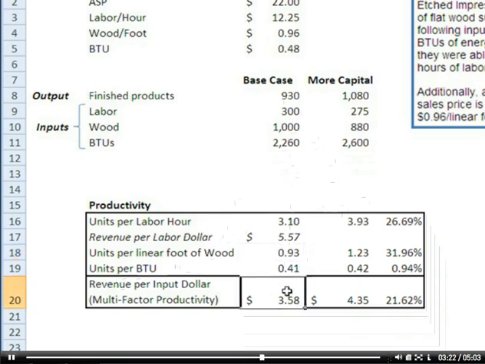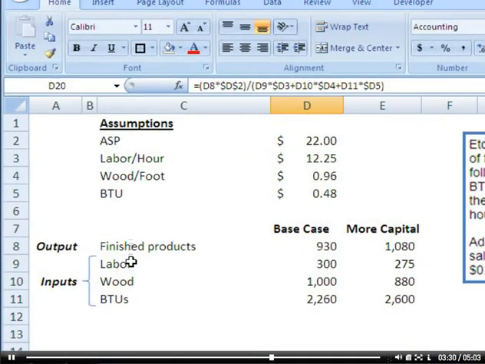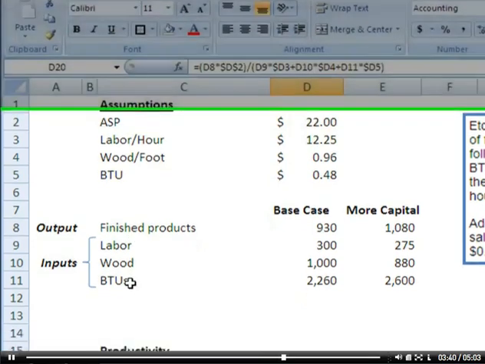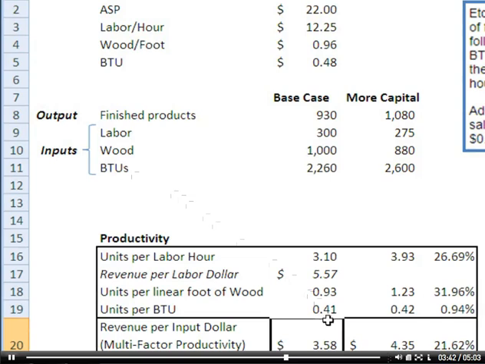Now, the multi-factor productivity is a little more complicated because since our inputs are different units of measure, we have labor hours, wood, linear feet, energy, BTUs, each of those is different. We must normalize these to one unit of measure, and we're going to use the dollar for this.